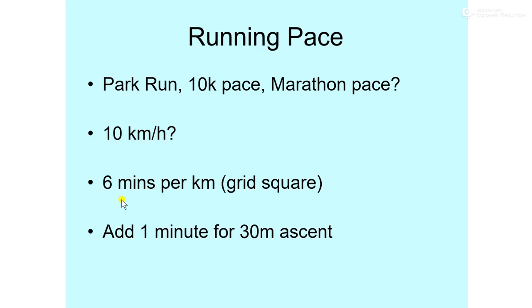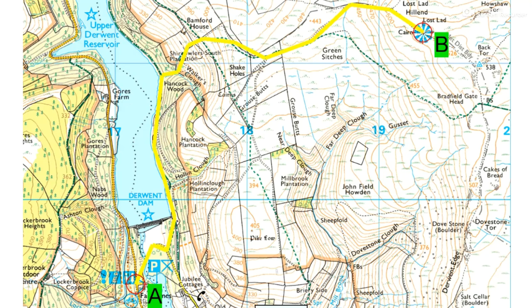And what we need to think about is adding time for going up. We're going to be slightly faster than Naismith's because we're running and we're not carrying a big heavy rucksack. So we could look at adding 1 minute for every 30 meters that we climb rather than 10 meters. So if we bear that in mind, we can try and work that out on the map.